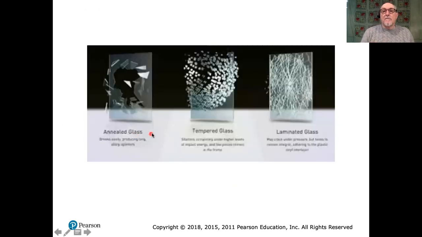So this is typical ordinary window glass. This is tempered glass, shattering into these very small, far less harmful pieces. And this is laminated glass, which stays as a coherent whole even when it's been broken.